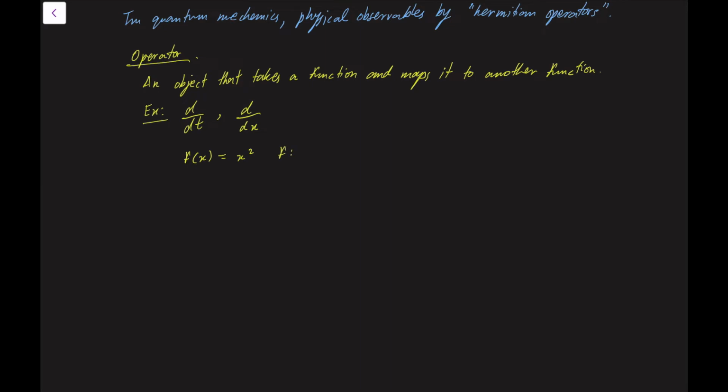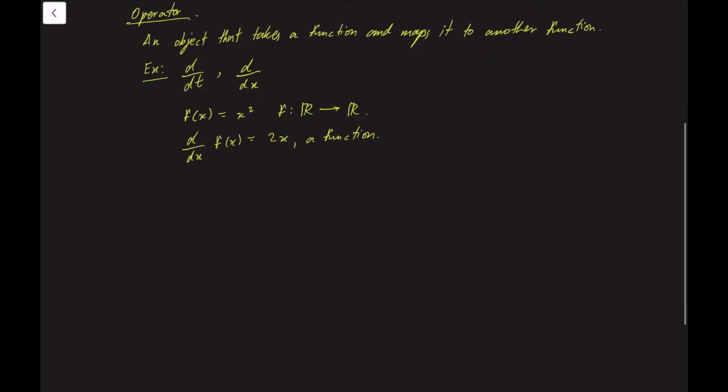So this is a function that takes in real values and maps it to real values. d by dx, the operator acting on this function, gives us 2x, and this itself is a function. So an operator is some object that takes a function and maps it to another function.